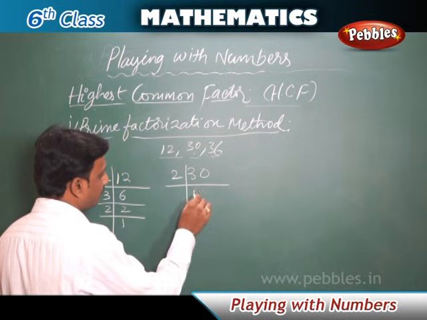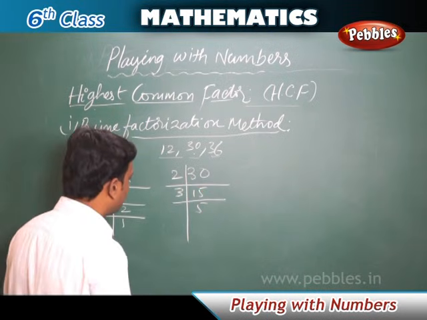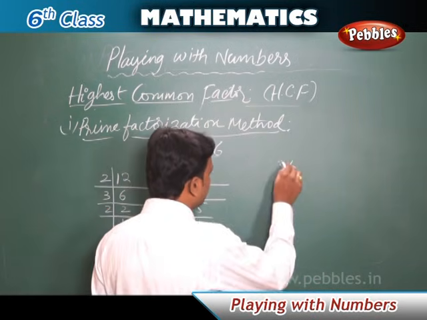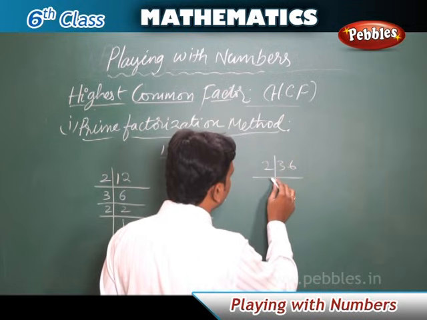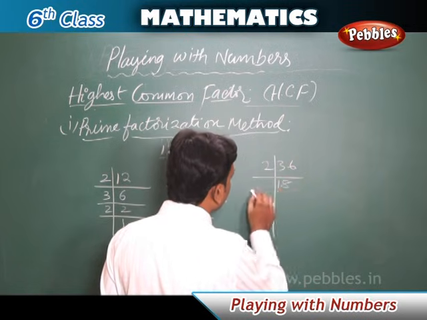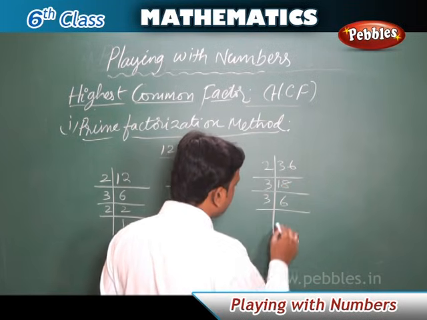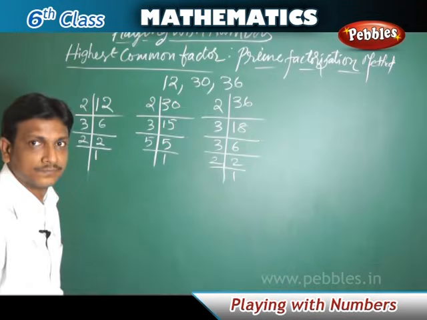Here we put 2, 15, 3, 5, 5, 1. Now we put 36, 2. If you put 2 here, it becomes 18, 3, 6, 3, 2, 2, 1.